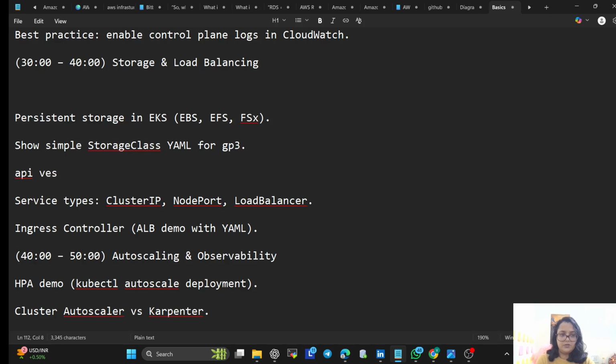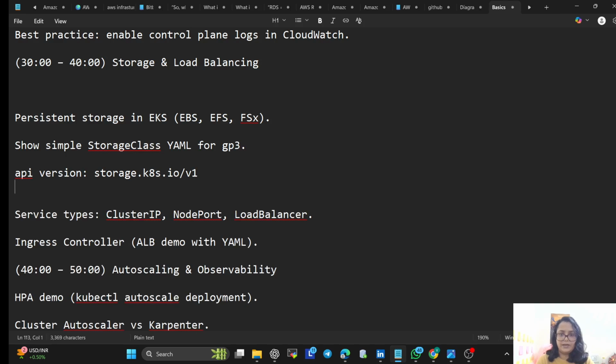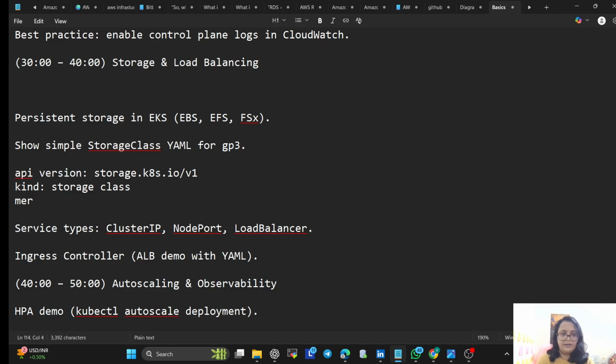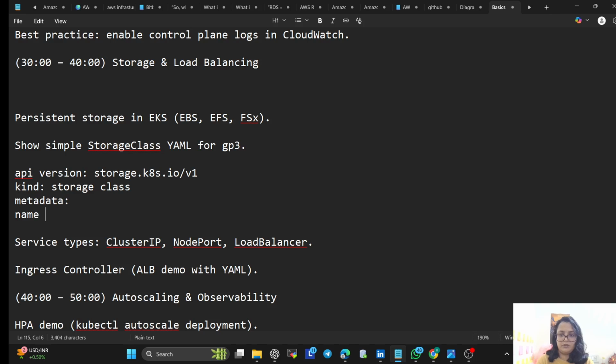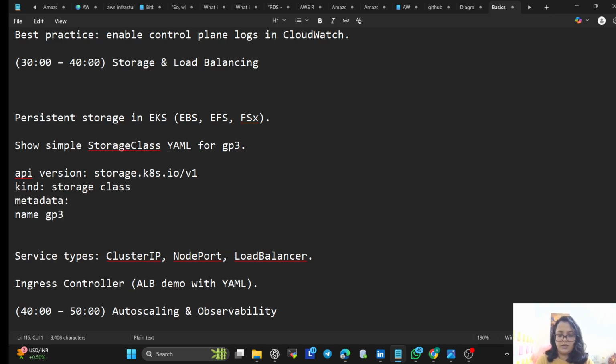API version, that is storage.kubernetes.io/v1, and that kind will be, you can give StorageClass, and metadata will be, we can give name, for example, gp3 and provisioner parameter type. In that way we can give.